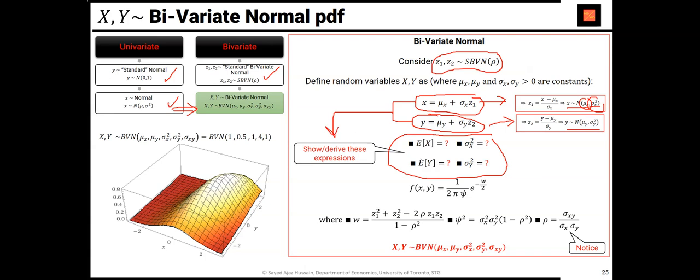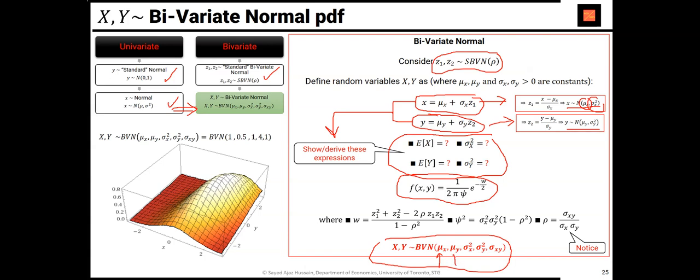But how can you show them directly from these expressions using the rules of adding variances and expectations? Show them. And it turns out, if you start with a standard bivariate normal distribution and define x and y this way, then x and y have what's known as a bivariate normal distribution. But to graph this bivariate normal distribution now requires 5 numbers. You need to know mu x, which is the mean of the x distribution, which behind the scenes is normal.